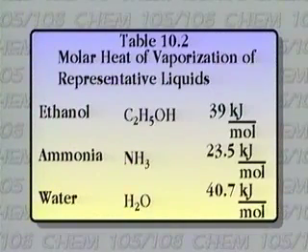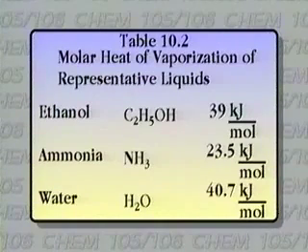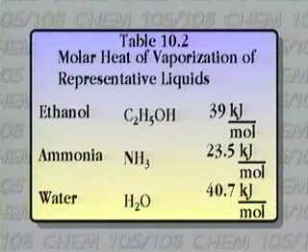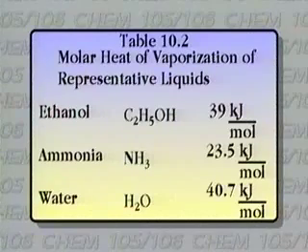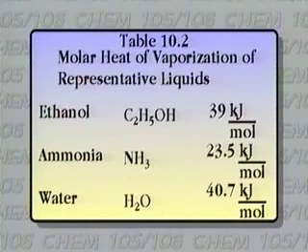Okay? And kilo, of course, means 1,000, so that's 40.7 thousand joules of energy in the process. All right? Molar heat of vaporization. And by the reverse process, when a mole of water, 18 grams of water, goes from steam, from gaseous water, back to liquid, it releases 40.7 kilojoules of energy.